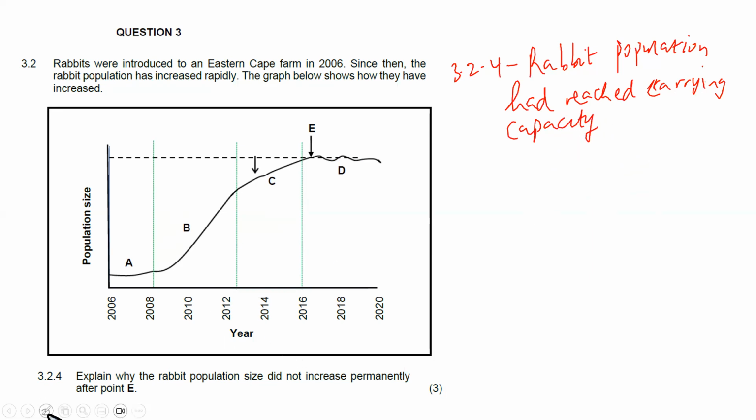Okay, the rabbit population had reached what? Carrying capacity. The rabbit population had reached carrying capacity. So in other words, when it reaches carrying capacity, you can see that there is some fluctuation there. So carrying capacity is the maximum number of a species that can be catered for in an environment.